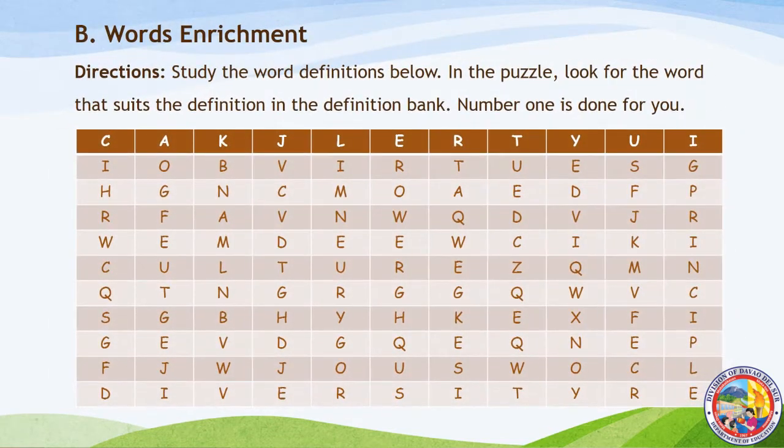To understand better to the text that you're about to read, let us have these words enrichment. Study the word definitions below. In the puzzle, look for the word that suits the definition in the definition bank. Number 1 is done for you.